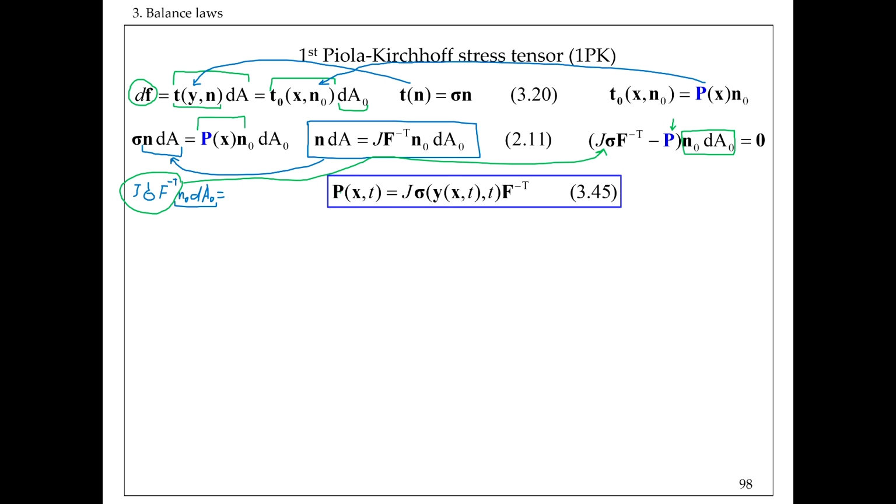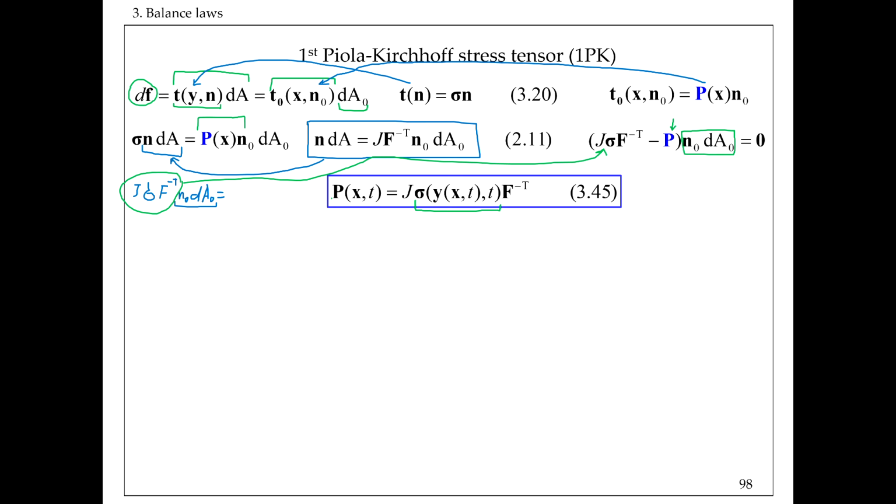P, that measures the stresses in the undeformed configuration, and relates it to sigma, the true stresses or Cauchy stresses in the deformed configuration. And hence the name true stresses, because that's the force that the actual state of stress at the point feels in the actual current configuration.